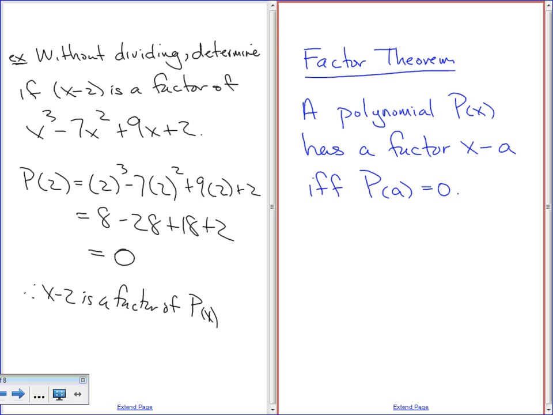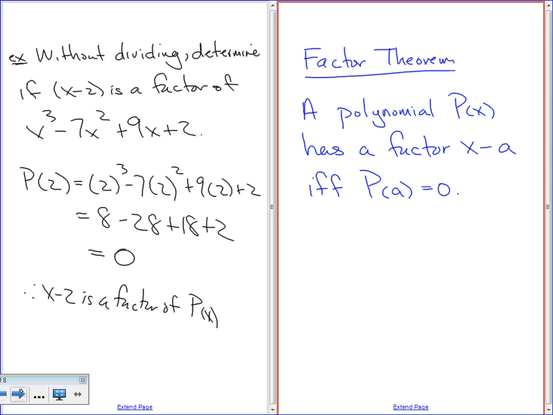Extension of the remainder theorem. So the factor theorem says a polynomial p of x has a factor x minus a. I'm a terrible, terrible speller, but I can spell the word if. Why did I put 2x here? Anybody know what that means in mathematics?